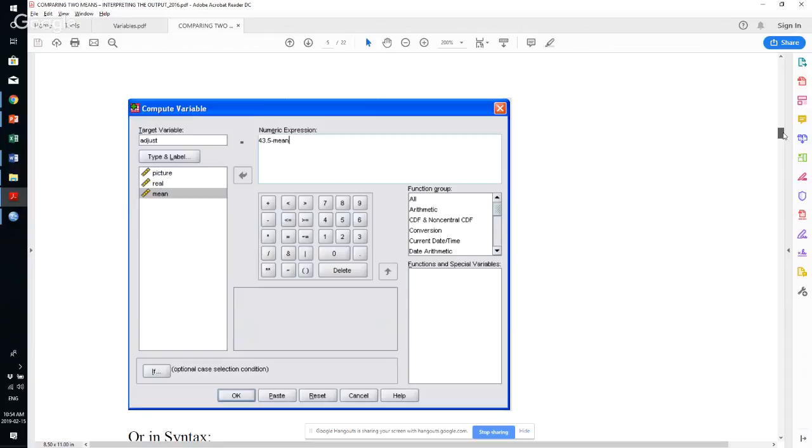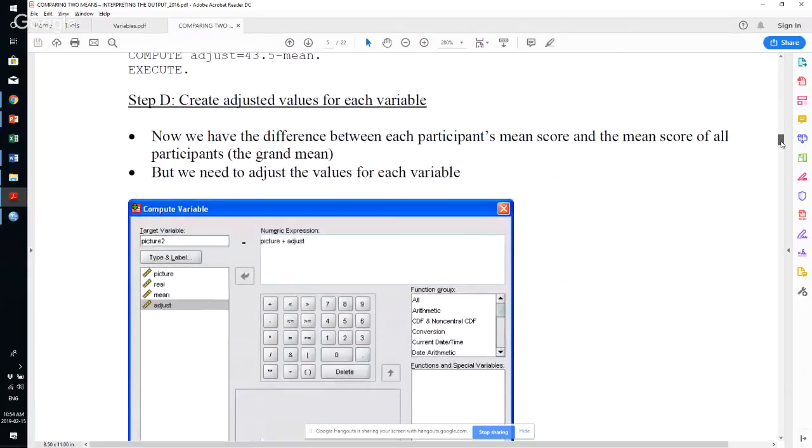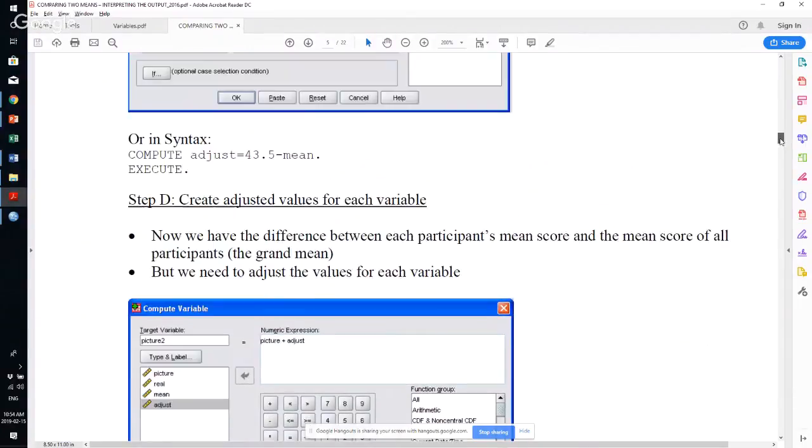So we make an adjustment factor. The adjustment is going to be 43.5, which is our grand mean, minus the mean, which is the average for each person regardless of condition. I could have also done that in syntax.